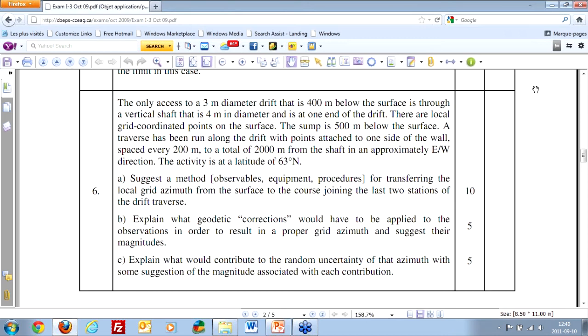So if we want to talk about procedures, we might want to say that because of the potential effects of lateral refraction, we may want to introduce also some azimuth measurements in order to cut down on that influence, which will also improve the azimuth transfer just with the traversing.